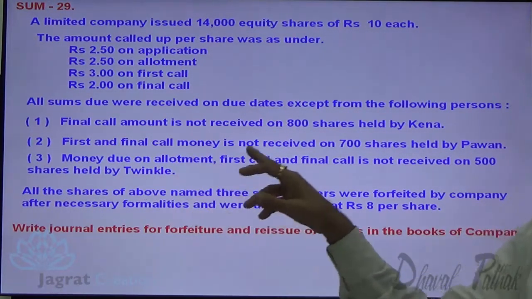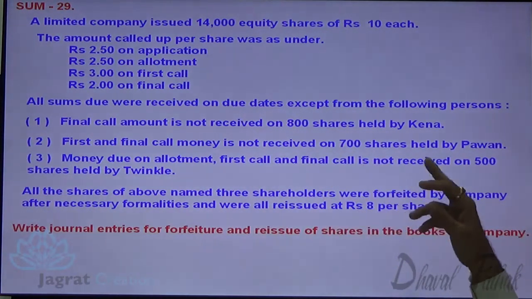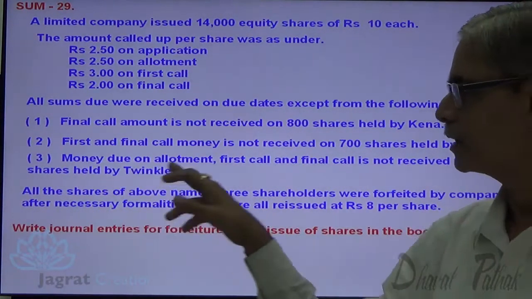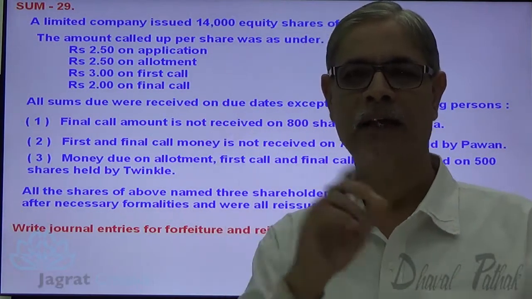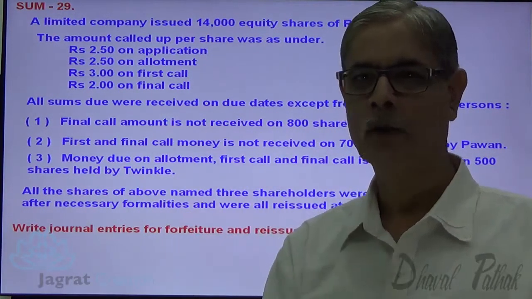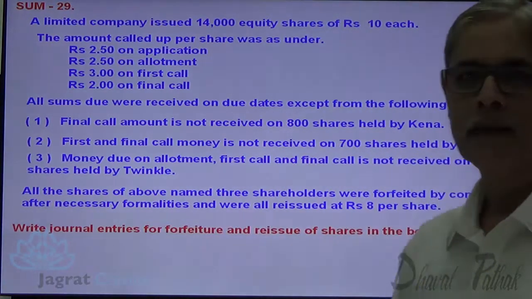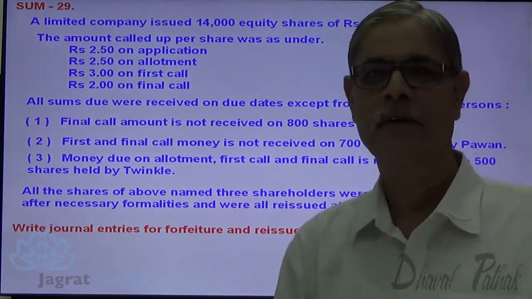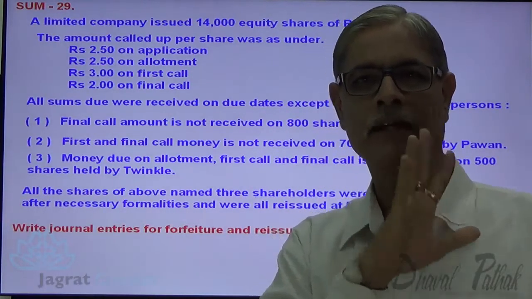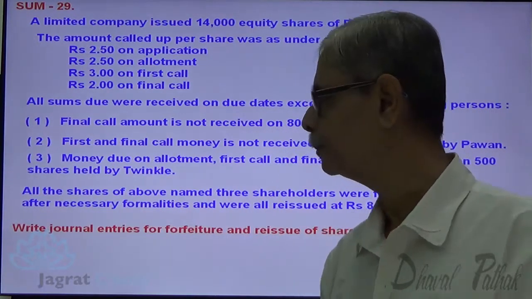Money due on allotment, first call and final call is not received on 500 shares held by Twinkle. So there are three shareholders. One, Kena, not paid final call. Second, Pawan, not paid first and final call. Third, Twinkle, not paid allotment, first call and final call. This is the information given to you.